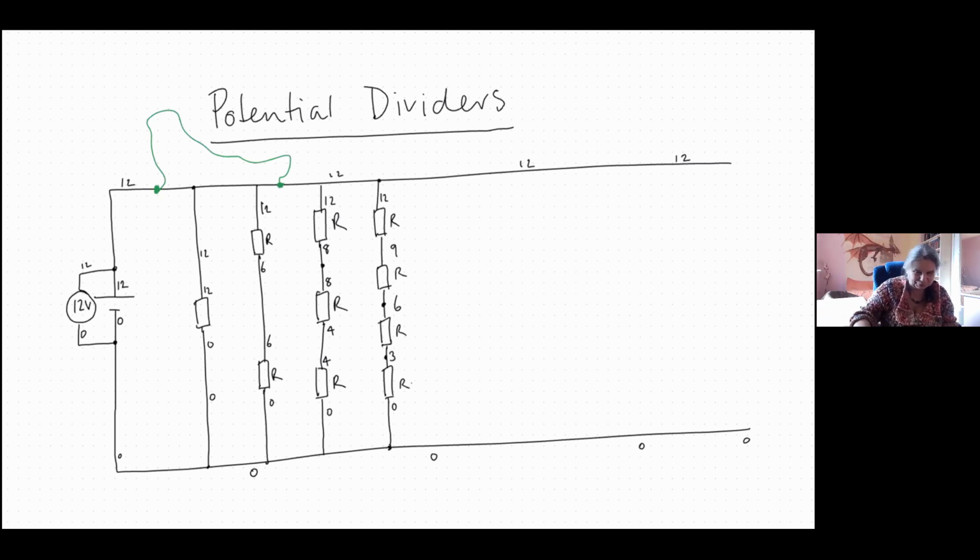If I connect a green wire like that, on the top, can you see that everywhere on that wire is still sitting at 12 volts? Because it's a wire and it's a superconductor, remember?